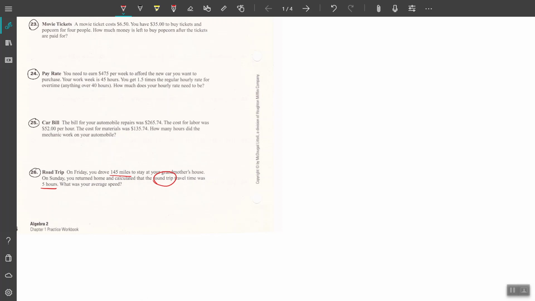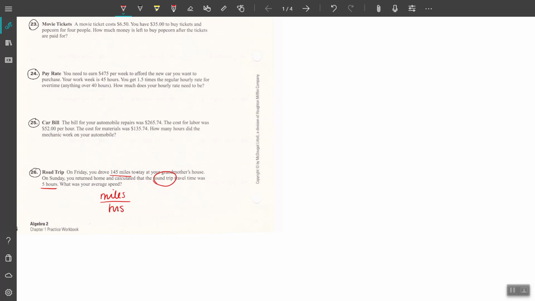They want to know what your average speed was. So average is the total number of miles over the number, in this case hours, that it took you to get there. Okay, so miles per hour is the unit for average speed.